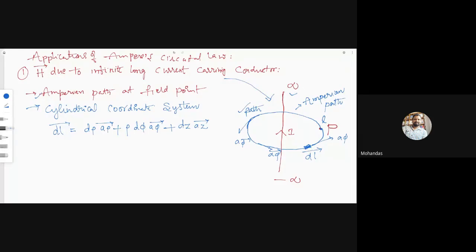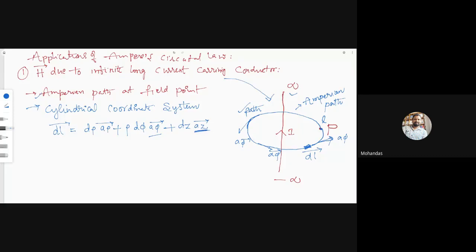As this dl is changing in the direction of a phi, only the a phi direction will exist. Does this Amperian path change in the direction of az? Do you have any path in the direction of az? Imagine it in three dimensions. This circular path is perpendicular to this conductor.